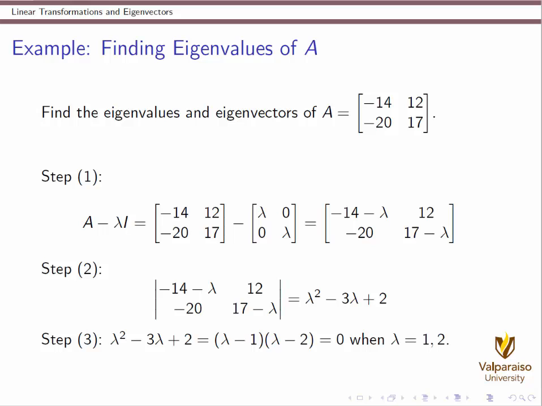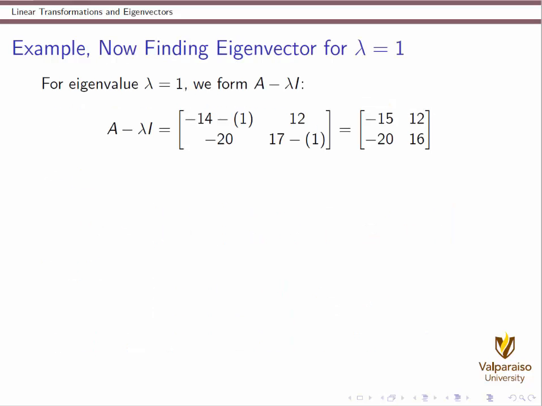And so we can discover that lambda equals 1 and lambda equals 2 are the two values which make the determinant of A minus lambda I be 0, which means those are the two values that make A times some vector v equal lambda times v. Now, what are those vectors v? So we're going to take the eigenvalues one at a time. Remember, they were lambda equals 1 and 2.